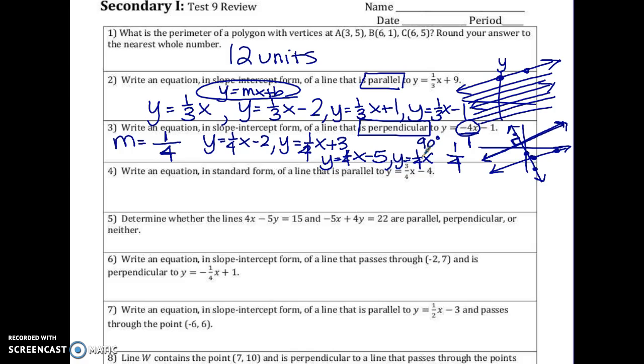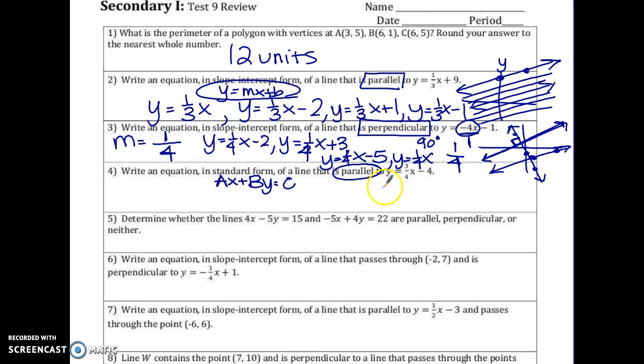Write an equation in standard form. Remember, this is ax plus by equals c. So it's not the same as what we were doing, just a little bit different. Of a line that's parallel to y equals 3/4 x minus 4.